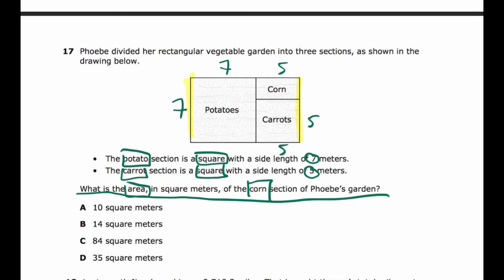Well, if that's 7 and that's 5, then this little missing piece is going to be 2. And so I'm looking for the area of corn, that's going to be this area here. 5 times 2 to get my area is going to give me 10 square meters.